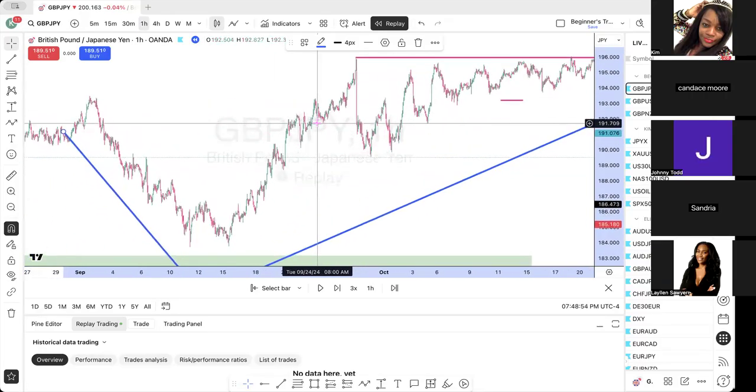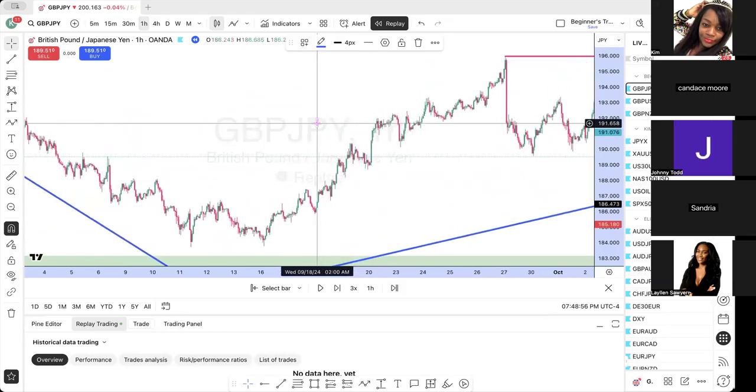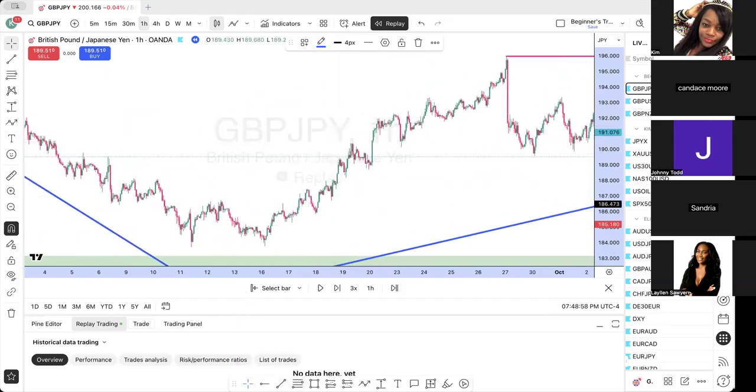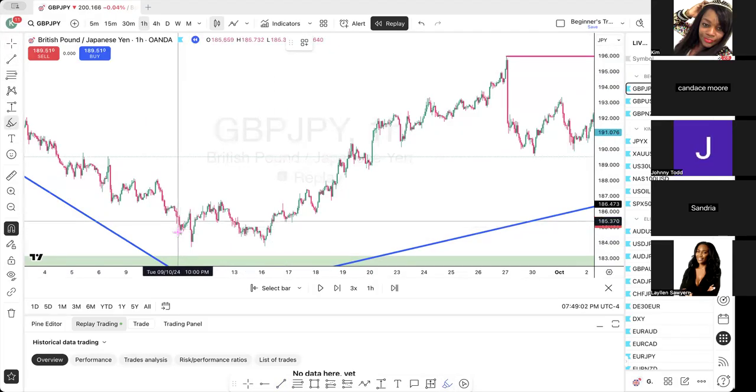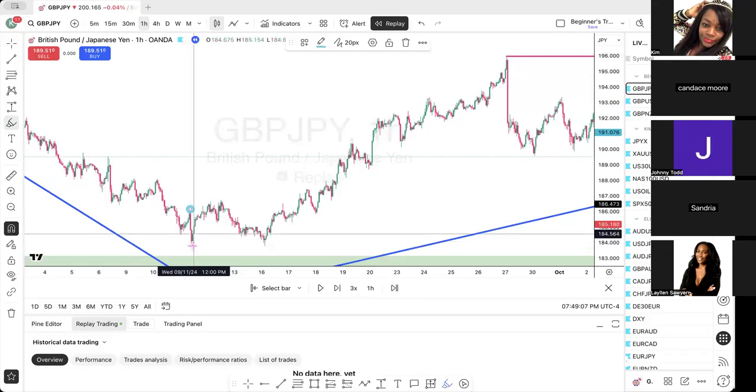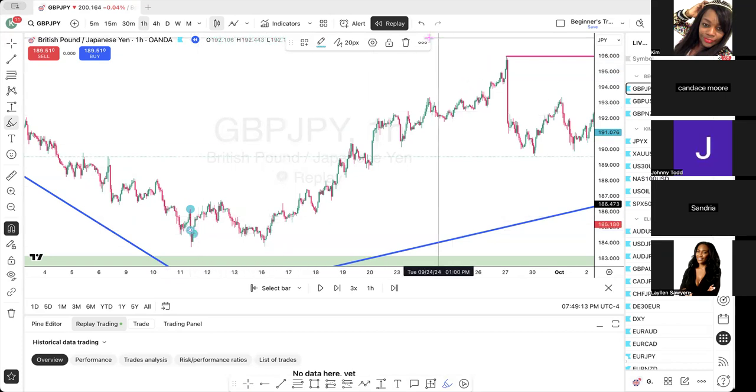If you just master and stick to structure, meaning, let me use, so this broke structure, which made this the swing high, this the swing low, this was the break of structure. And why is that doing that?